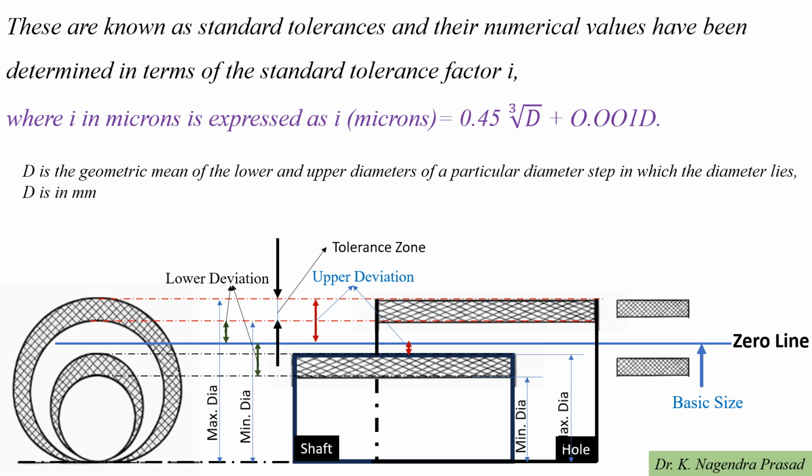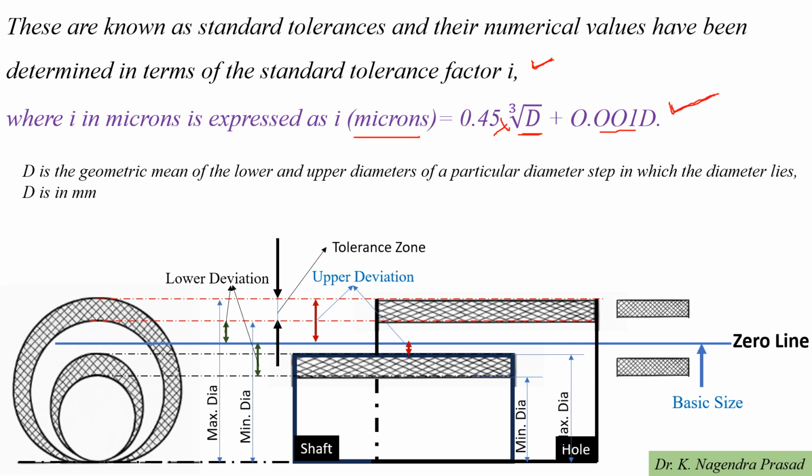These tolerance grades are the standard tolerances, and the numerical values have been determined in terms of the tolerance factor small i. Small i represents the tolerance factor, and in general, small i is expressed in microns as i = 0.45 times cube root of D plus 0.001 times D. So please remember this formula.